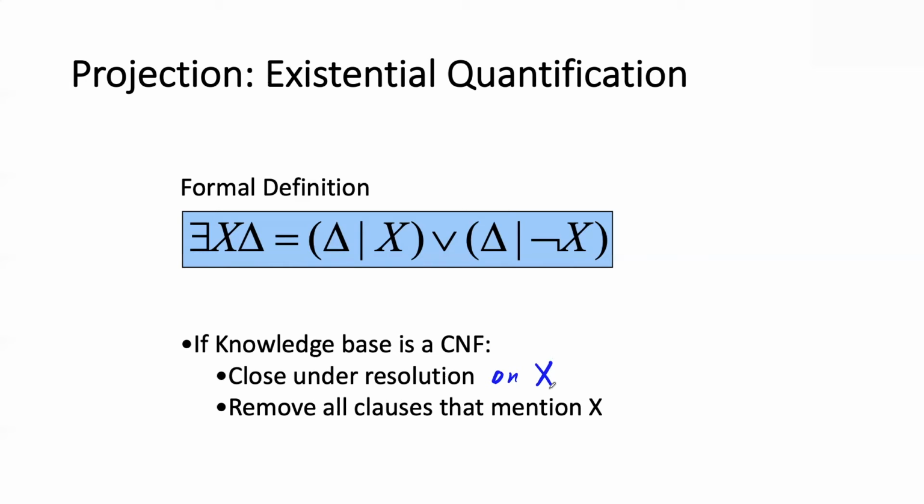You have to close under resolution, and this is for one variable. If you want to existentially quantify more than one variable, you have to do resolutions on all of them. And we've seen what happens with resolution: things may blow up, as you may have so many inferred clauses.